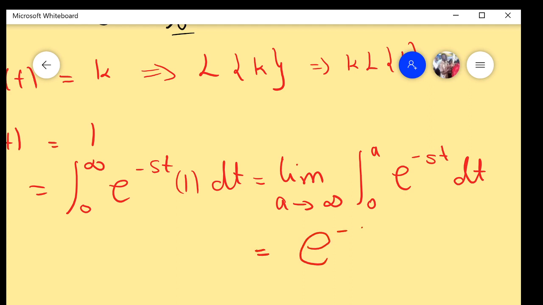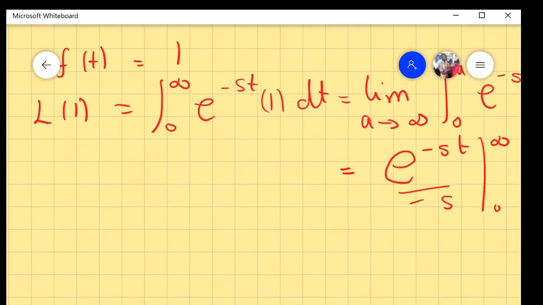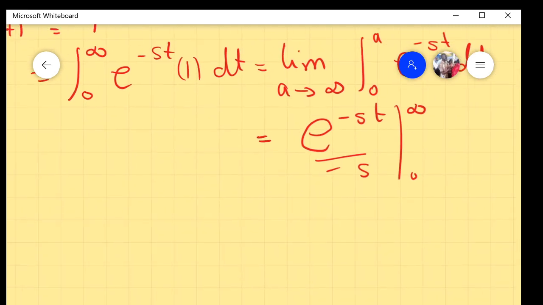Okay, so if you solve for this, what are you getting? I have e to the power minus st over minus s, from 0 to a. Now let's use the limits.